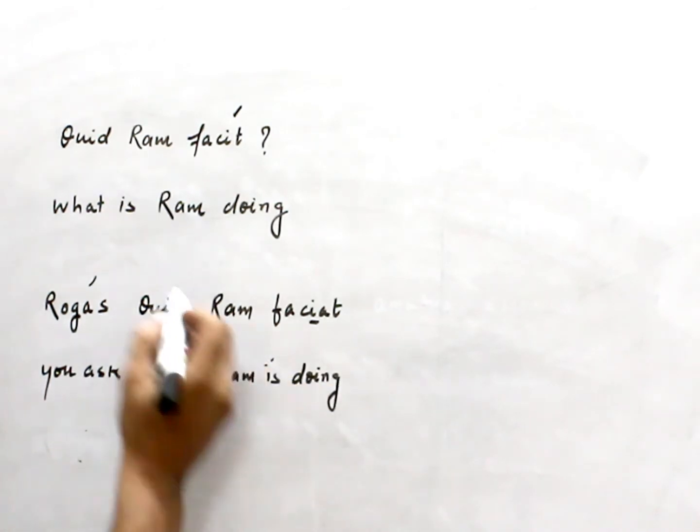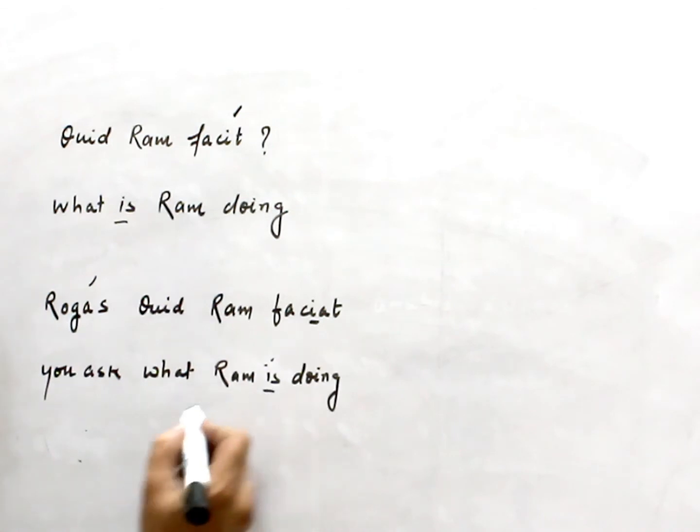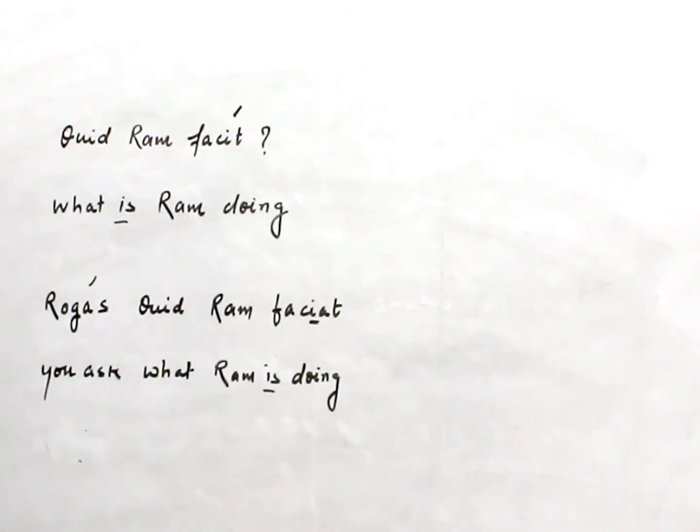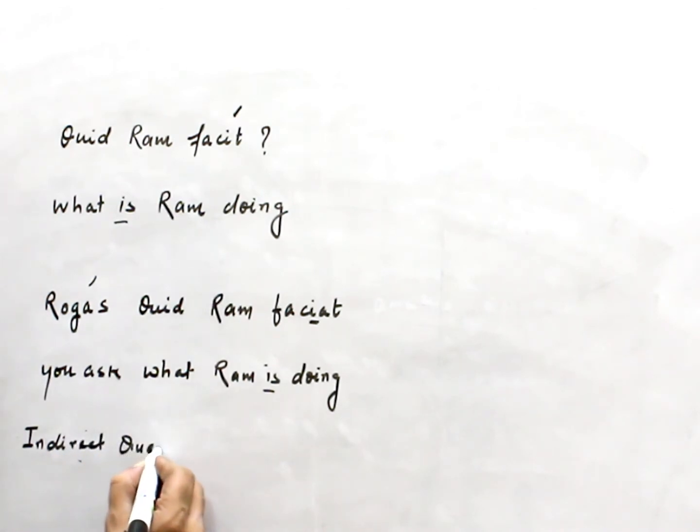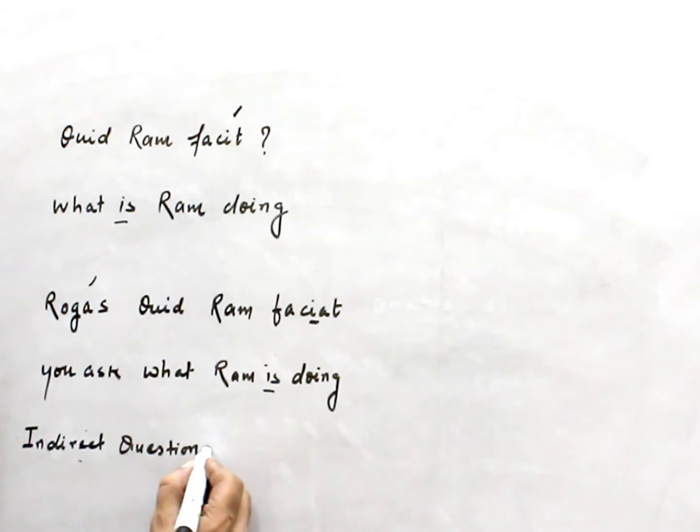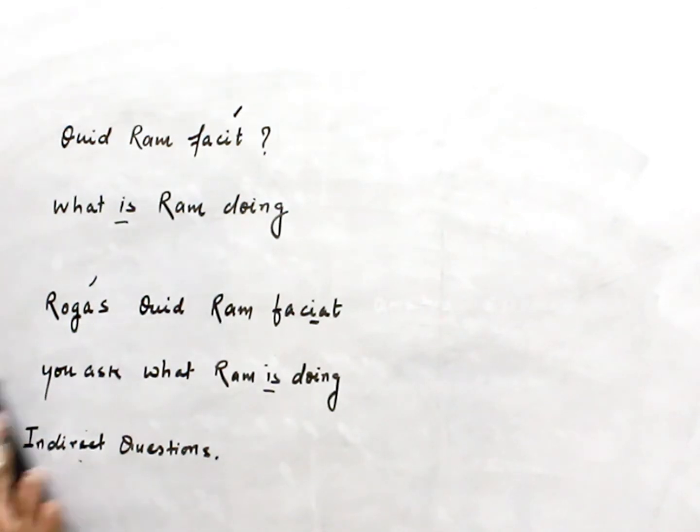So this is, we can say, indirect questions. Now we learn from the tenses, that will make it more clear.